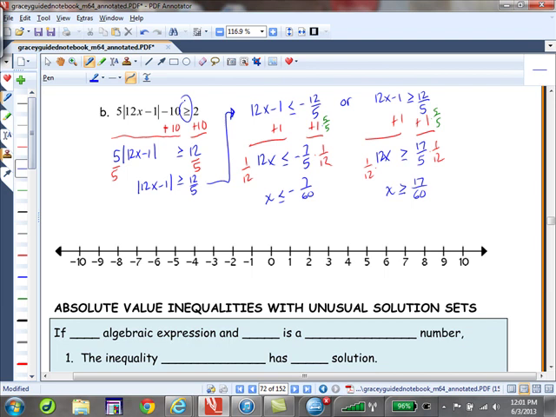So negative 7/60, like I said, is a little smaller than negative 1/10, so it's going to be pretty close to 0, just on the left. And then it goes this direction, and I did the square bracket because it's a less than or equal to. Now 17/60 is a little less than 1/3, so it's going to be a little further along. And then we'll be going here.